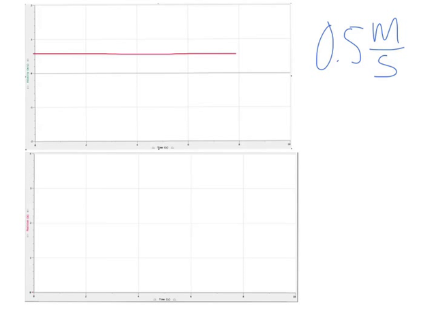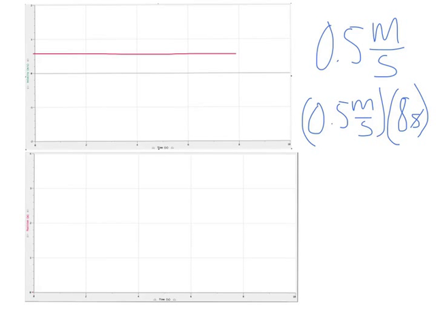So what I might do is say, I'm going to go 0.5 meters per second times 8 seconds. And if I do that, I can see the seconds are going to cancel out. I'll have 8 times 0.5, which is 4 meters.